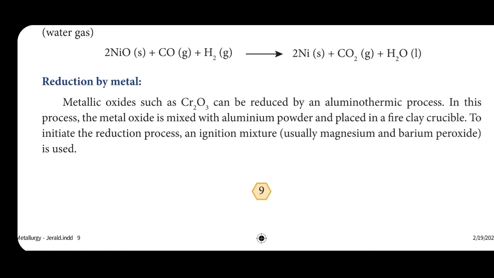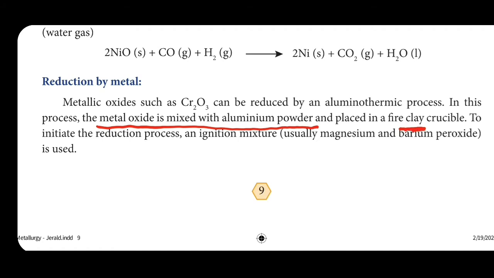Metal oxides such as Cr2O3 can be reduced by aluminothermic process. In this process, metal oxide is mixed with aluminum powder in a fire clay crucible. Fire, already you know what is clay.